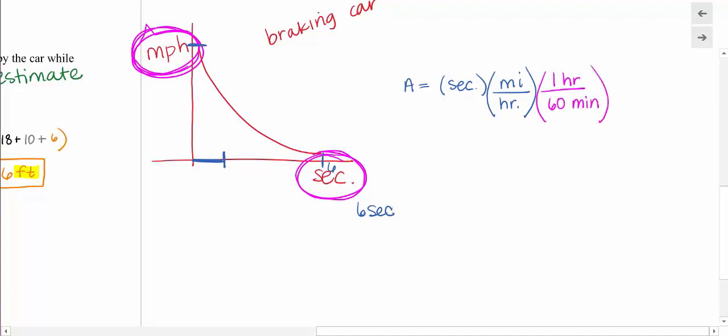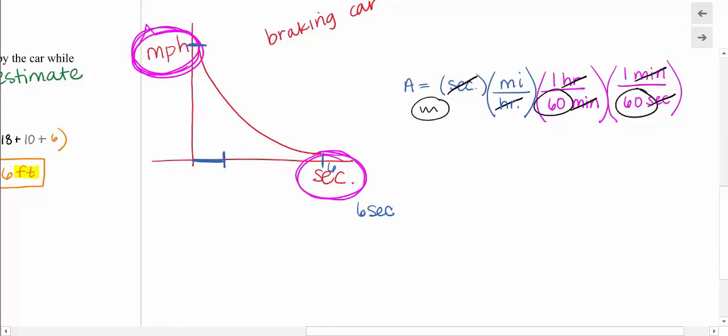So that's really a ratio that represents 1. And then I'm going to say 1 minute is equivalent to 60 seconds because, again, that's a ratio that is really equivalent to 1. So minutes over minutes, seconds over seconds, hours over hours. So whatever my numerical answer is, I'm going to have to divide it by 3,600. Then I will know how many miles I have traveled.